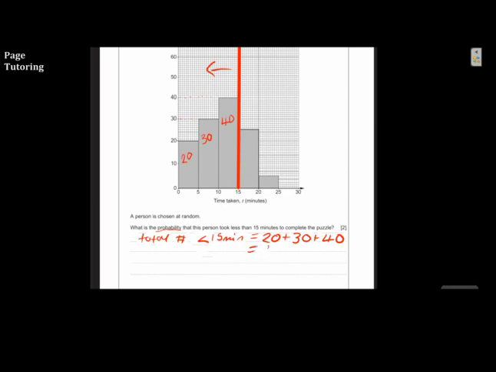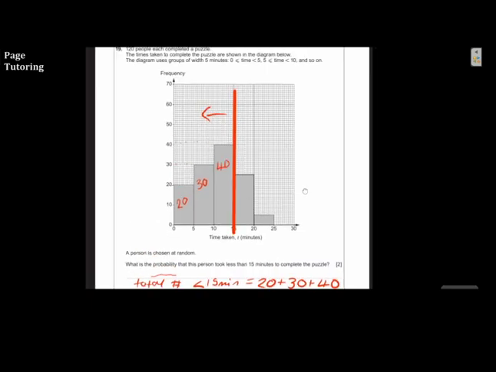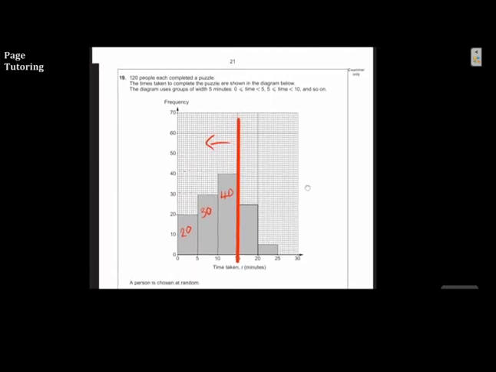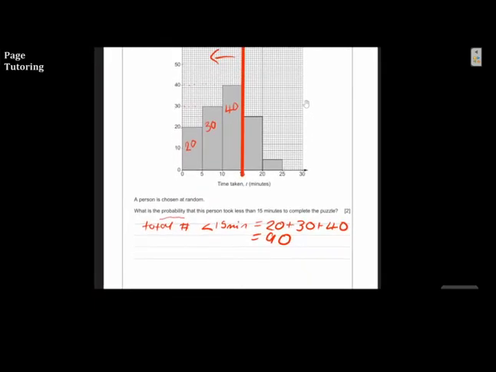So that's just 90. Okay, so we've got the total number of people less than. So then what's the total number of people in general? Was that given in our question? Let's have a look. 120, that's right at the start of that question. So total number is 120.